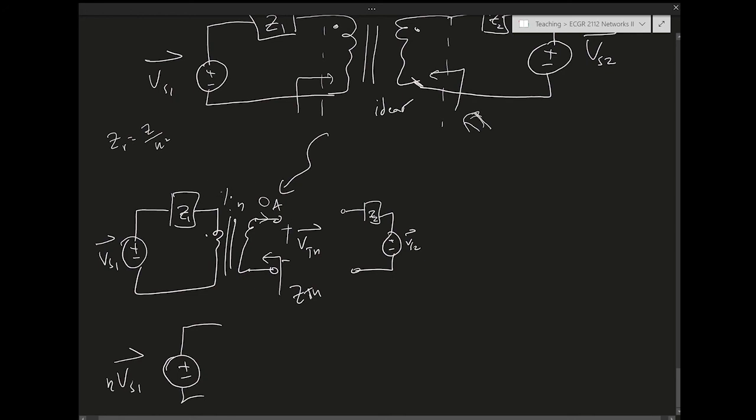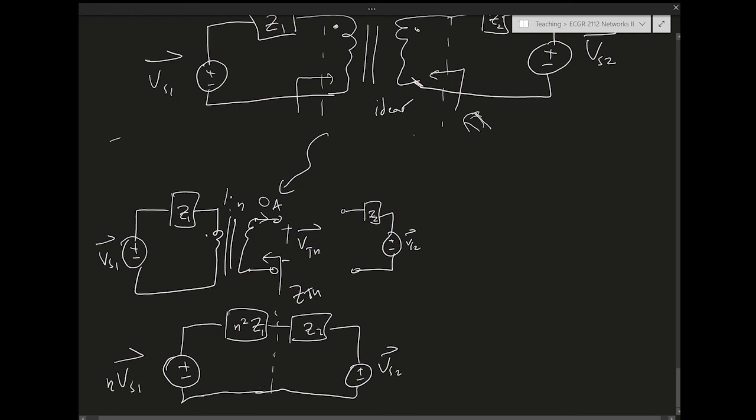So the effective turns ratio here is 1 over N rather than N. Plugging in 1 over N, this becomes N squared Z. So the reflected impedance from the primary to the secondary is N squared Z, given that N is the secondary windings over the primary windings. So this is the equivalent circuit, and then we just connect it to the rest of the circuit, Z2 and VS2.